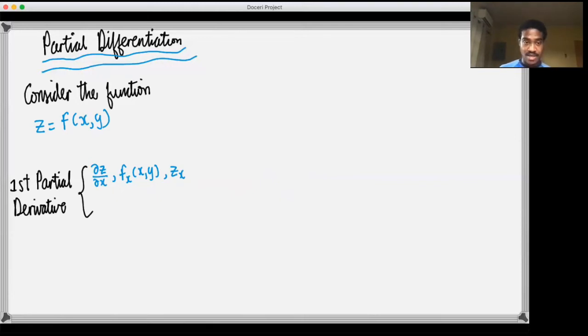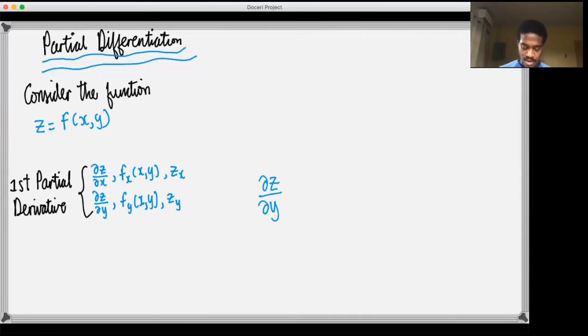Then the next first order partial derivative we have is del z on del y. We had del z on del x, and now we look at del z on del y. The del tells you that you differentiate partially, but then you look at the denominator: partially with respect to what? With respect to y.